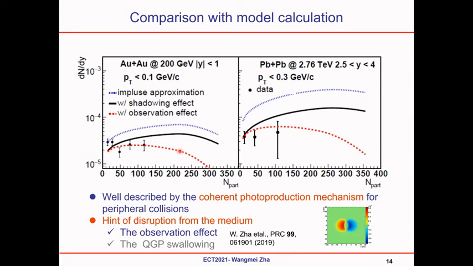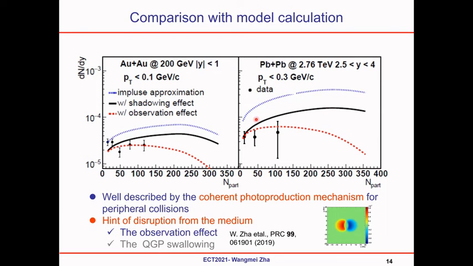If we compare the impact observation, shown as the blue line, to the data, this plot is for the measurement at RHIC, and this is comparable with that at least in the centrality.